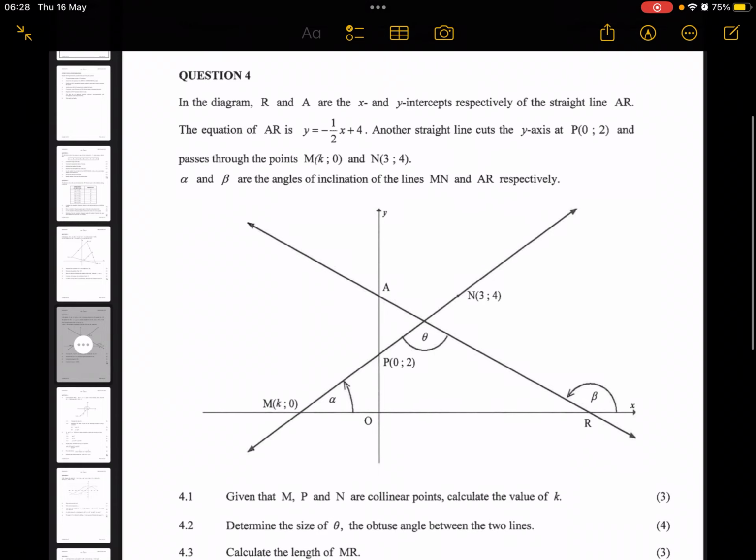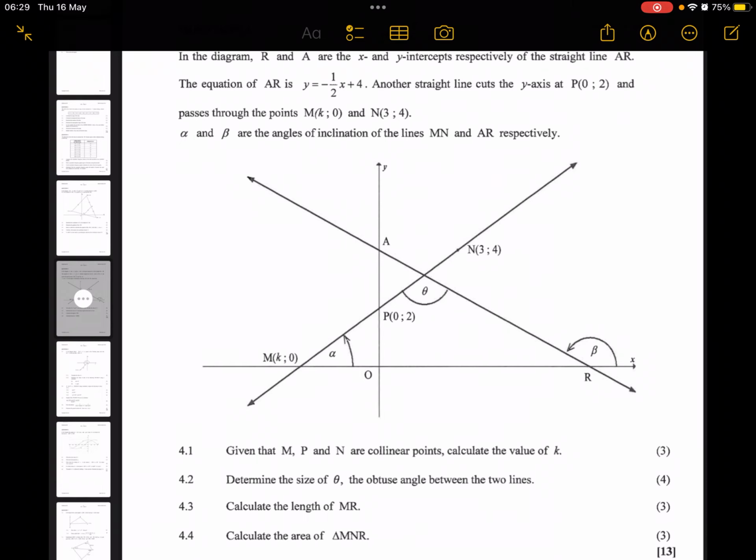So, in the diagram below, point R and point A are the x and y intercepts of a straight line, called AR, with the equation y is equal to minus a half x plus 4. And then there's another straight line that cuts through the y-axis at point P, and point M is (k; 0) and N is (3; 0).